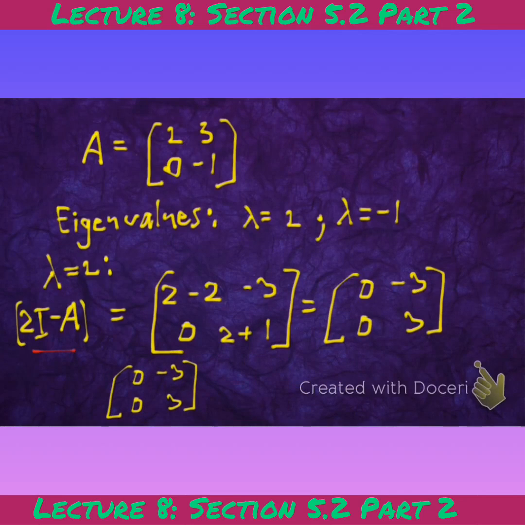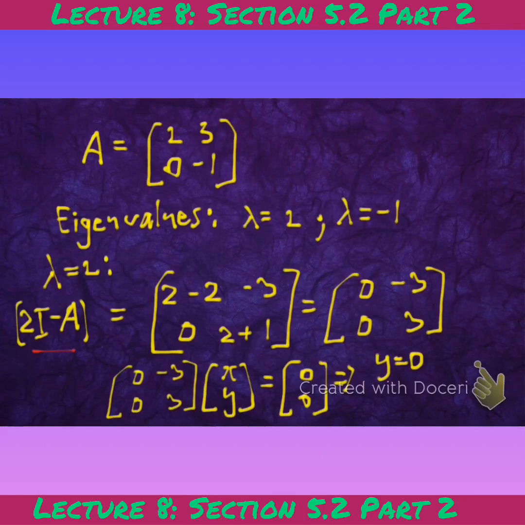So you want to find all vectors such that the matrix times the vector is equal to 0, and that corresponds to the system y equals 0, and x is some parameter t.